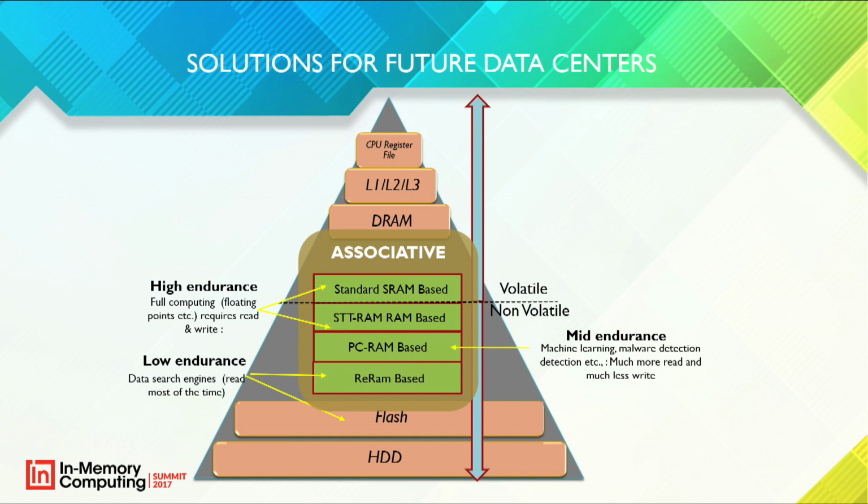So in memory with more endurance problems, we mostly do search and not compute. As long as we go here, for example, to STT-RAM, ReRAM, that do not suffer from endurance, we can do compute. So this is the roadmap for the next 10 years, but actually we are starting now with the SRAM.